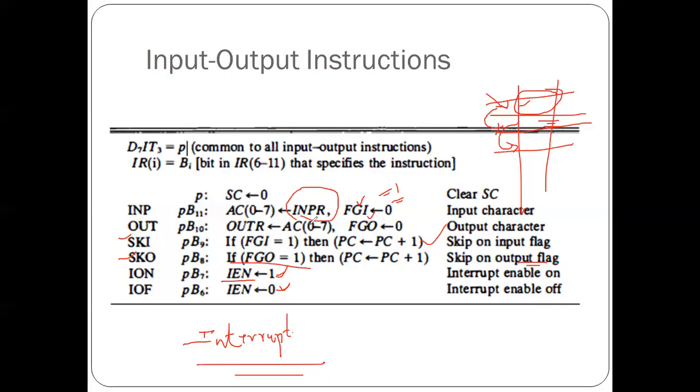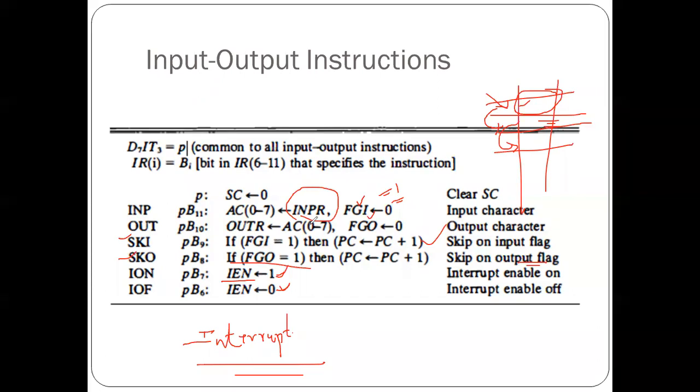Before FGI is set, if the CPU reads INPR, it results in garbage input, because INPR is an input shift register. The bits are shifted to INPR serially, right?